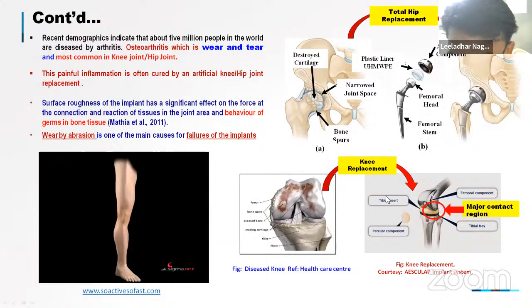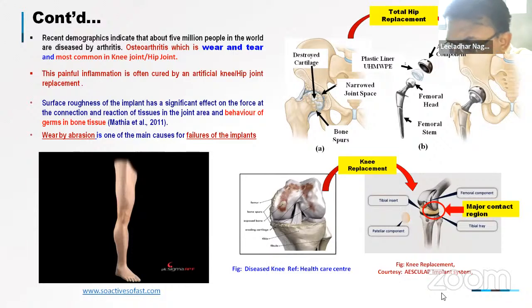This is the real bone that is exposed in the human body, and we want to replace it by implanting these artificial knee joints. Designing is very important for these joints, and finishing by a developed process is another thing. So two things are there: process development and product development.